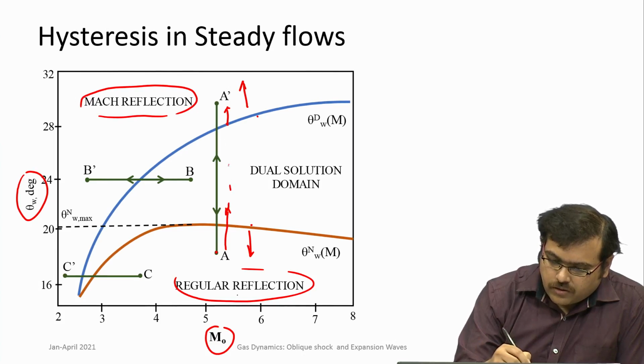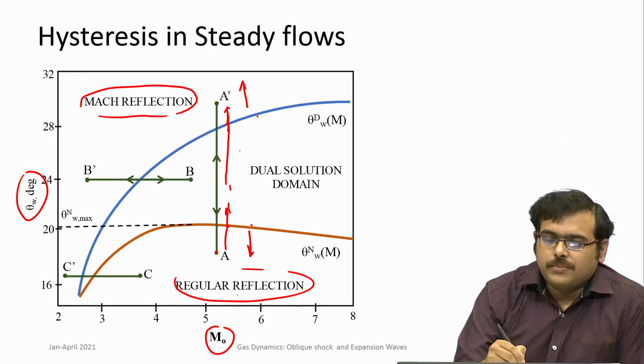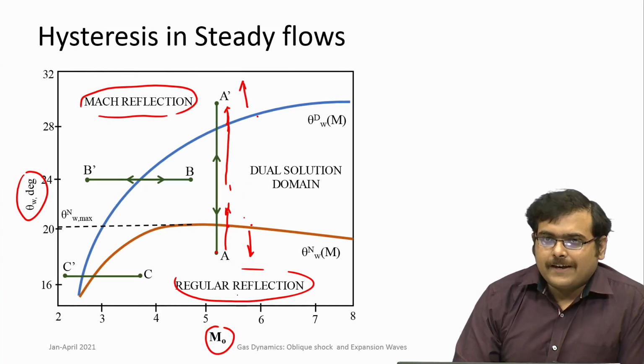So, you will observe regular reflection all the way until this point. But now if you start reversing the direction and start decreasing the angle, you can keep observing Mach reflection all the way until this point, and only then does it turn to regular reflection. So, you see that this behavior is like hysteresis.